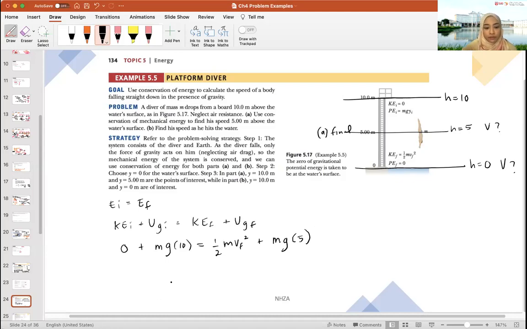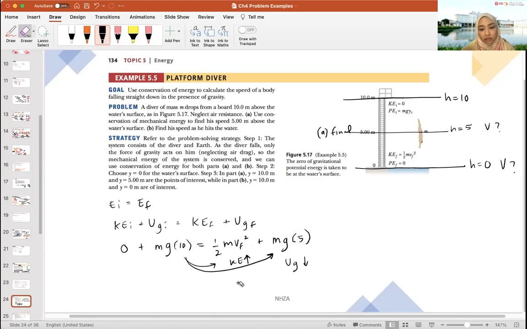Now remember, previously we talked about MGH being converted directly into KE when it reaches the end. But since this guy has not reached the end yet, he is only in the middle, this energy is converted into both KE. He loses UG, his UG will decrease, but his KE will increase. So this is what is going on. We started with mg times 10.